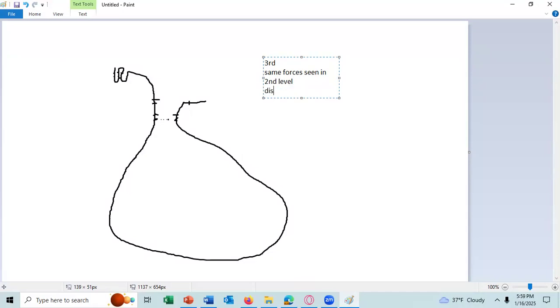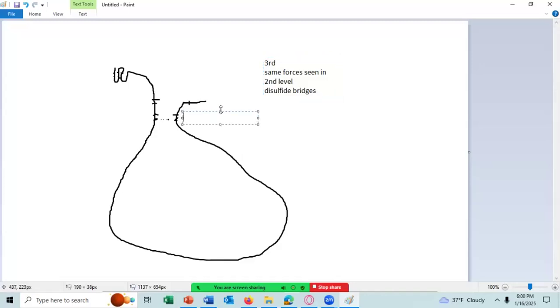These are the disulfide bridges, which form between the amino acid cysteine. So let me make this cysteine right there. I can get that up a little.